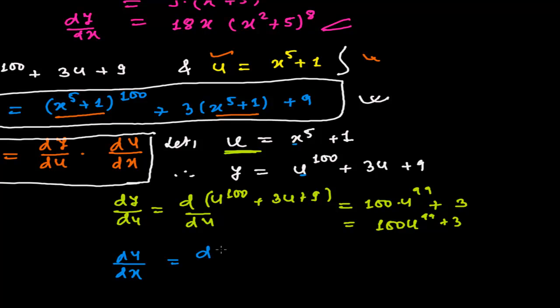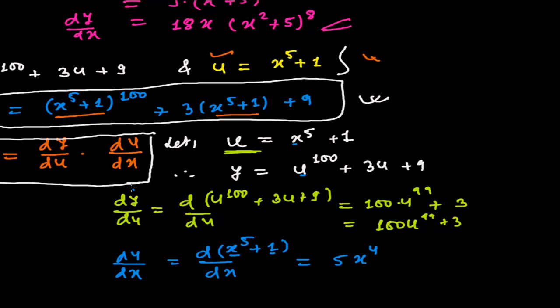So it will be the derivative of x to the power 5 plus 1 with respect to x. Now I'm going to simply use the power rule in this step, and here it's the derivative of a constant, so it's 0. So it will be simply 5 times x to the power 4. The power is reduced by 1.